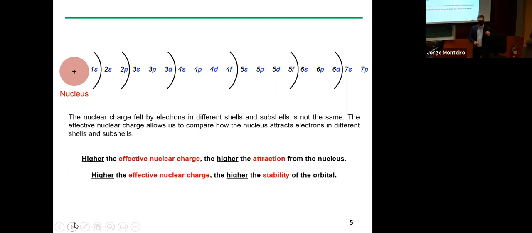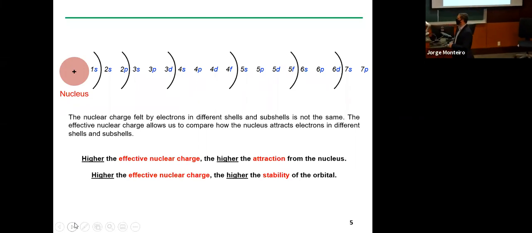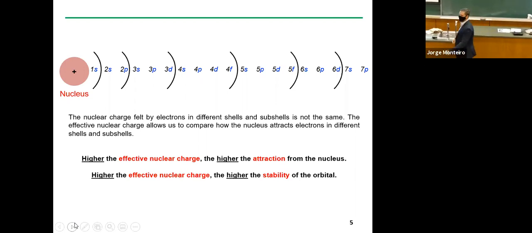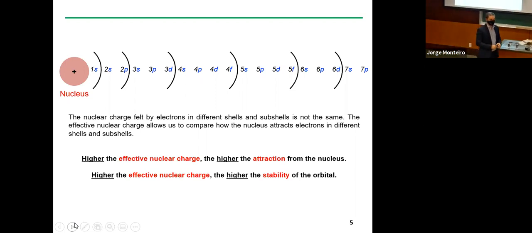Very important point here. The higher the effective nuclear charge, the higher the attraction from the nucleus. The higher the effective nuclear charge, the higher the stability of the orbital.